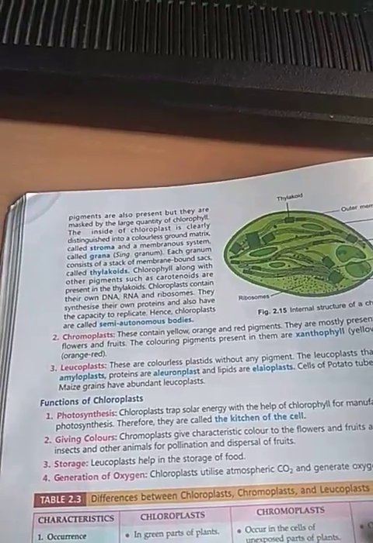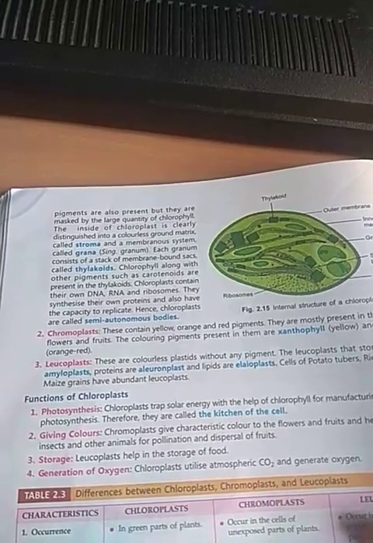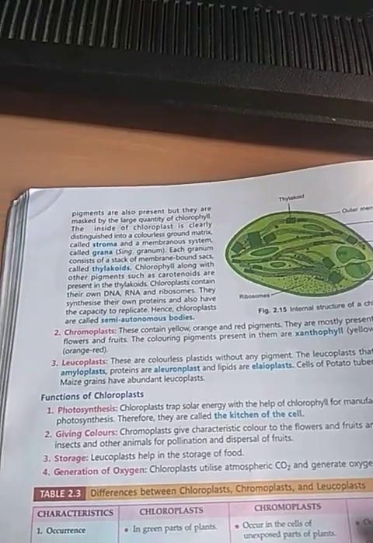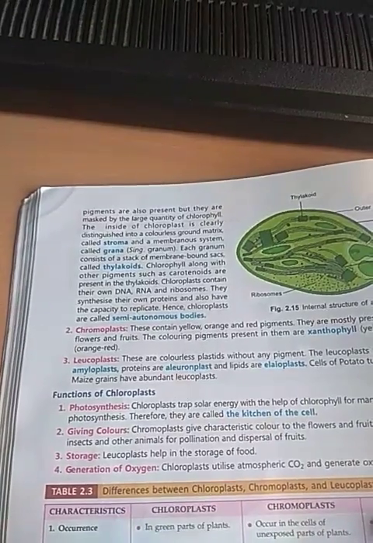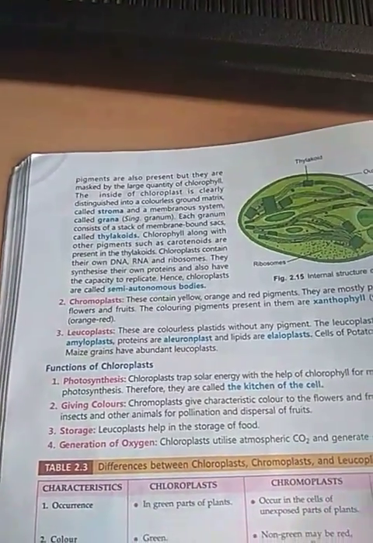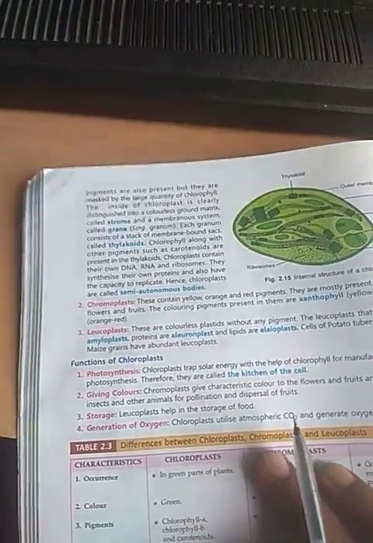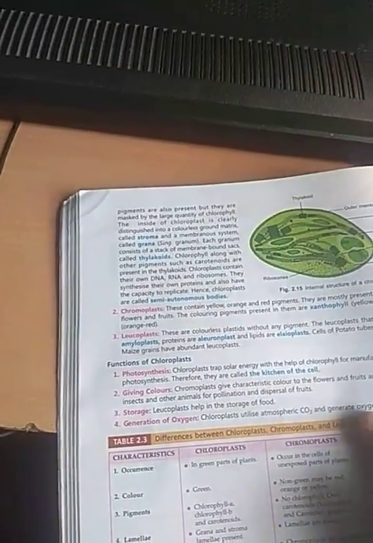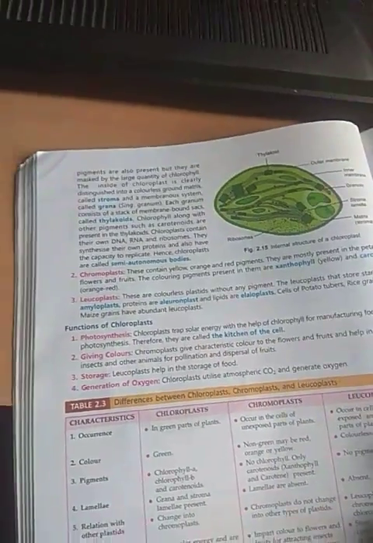Second, giving color: chromoplasts give characteristic color to flowers and fruits to attract insects for pollination. Third, storage: leucoplasts help in the storage of food materials. Fourth, generation of oxygen: chloroplast utilizes atmospheric CO2 and generates oxygen. These are some important points related to plastids: chloroplast, chromoplast and leucoplast.